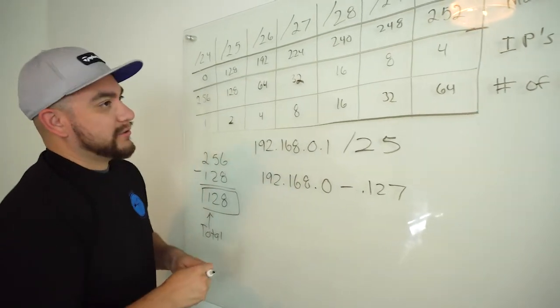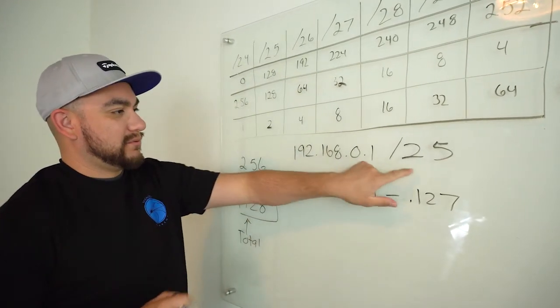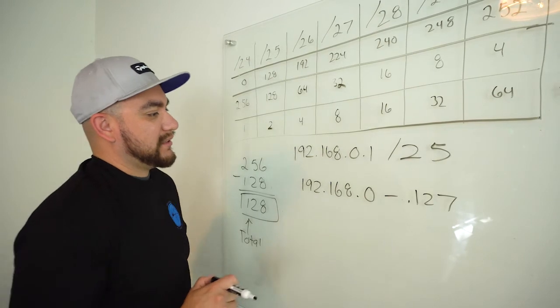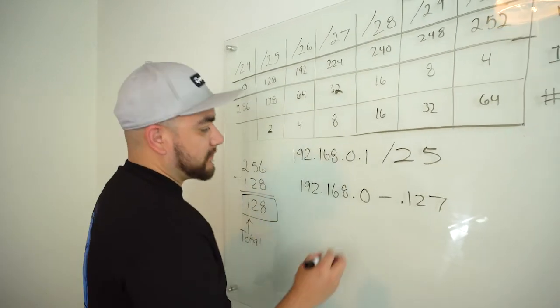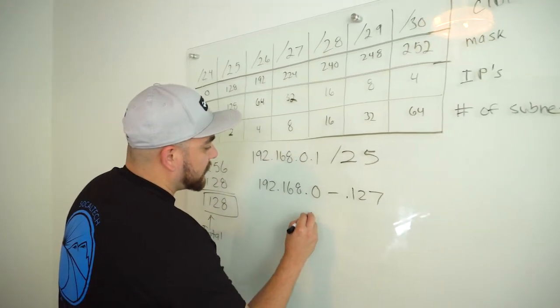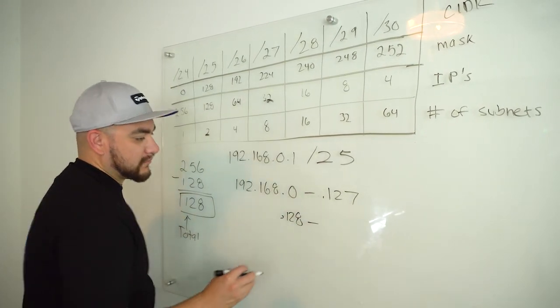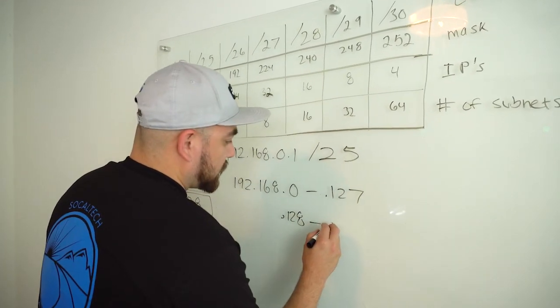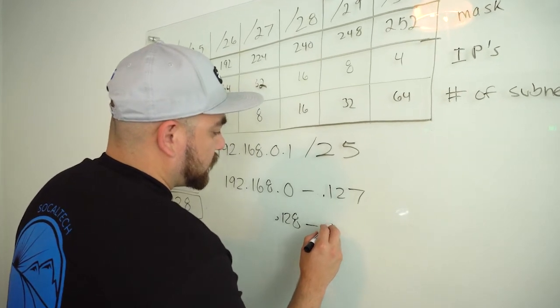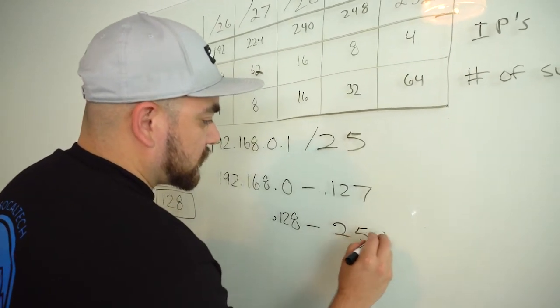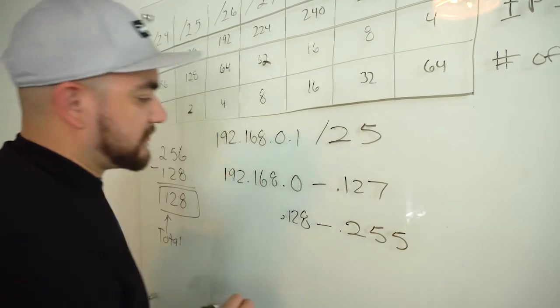Now, there's two subnets within this particular subnet mask range, because if we go down the line, 128 to 255.